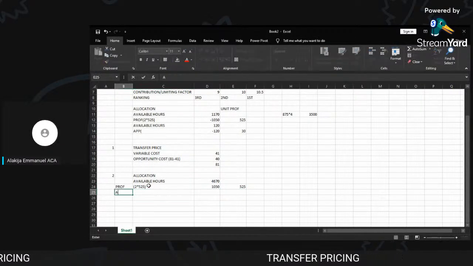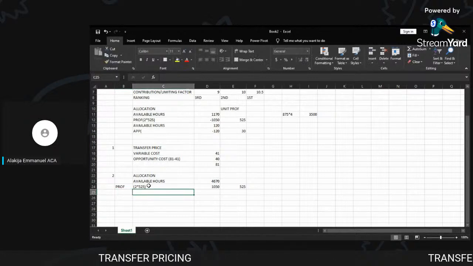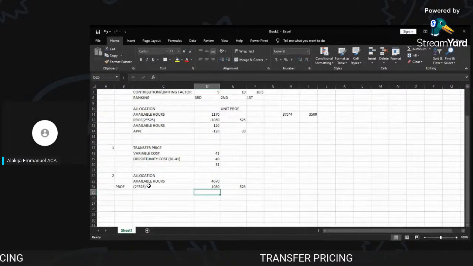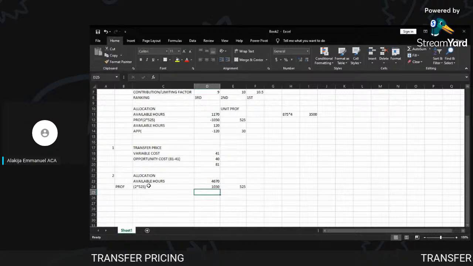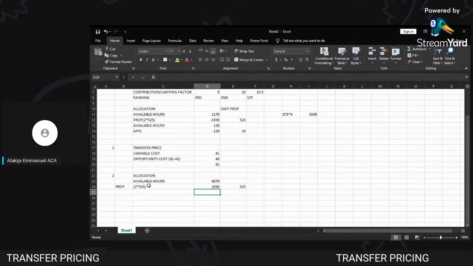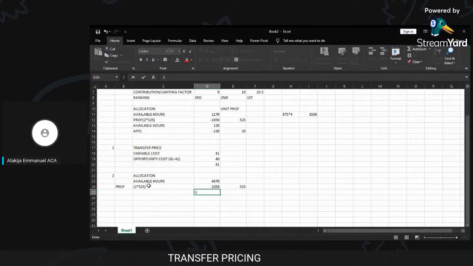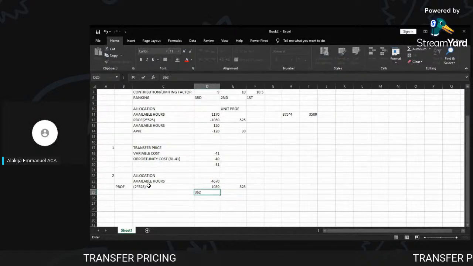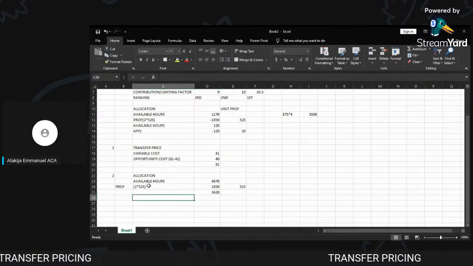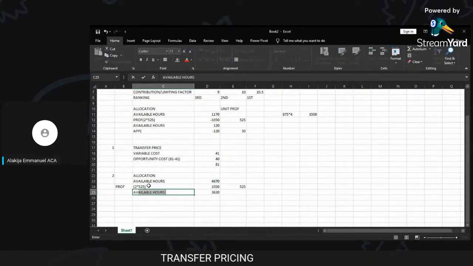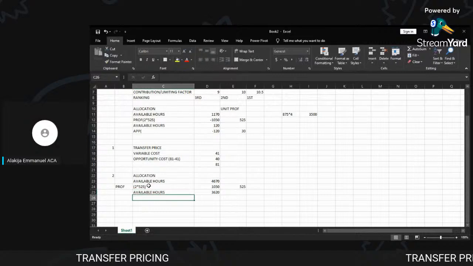And the next thing is application. We'll get the difference: 4,670 minus 1,050 is 3,620. This is the available hours.